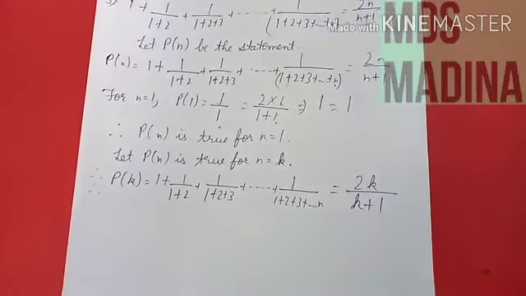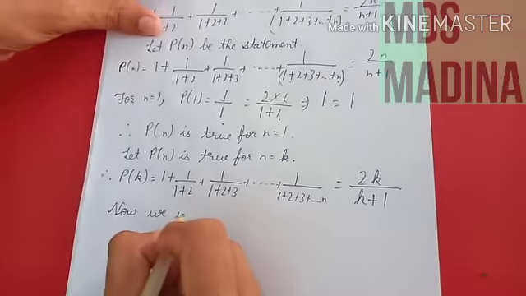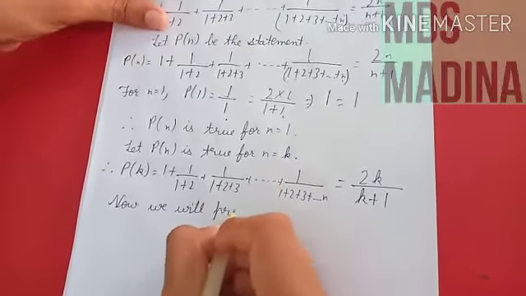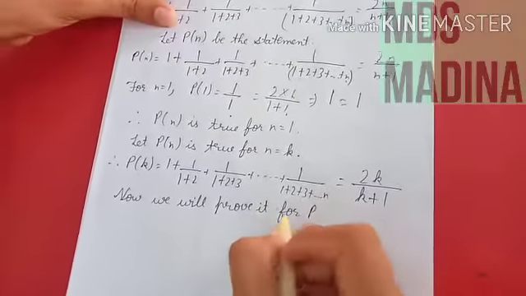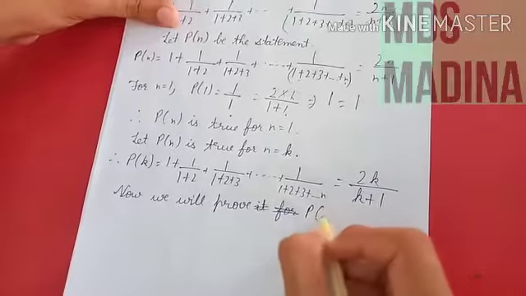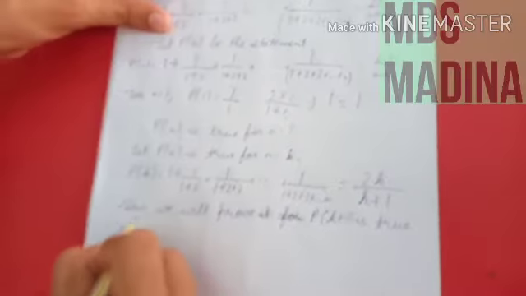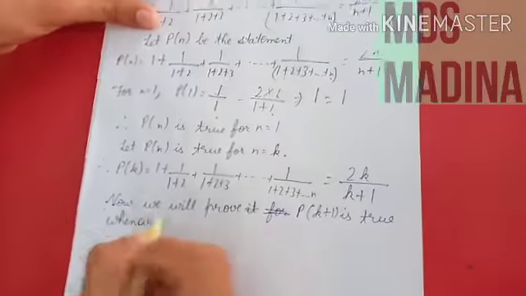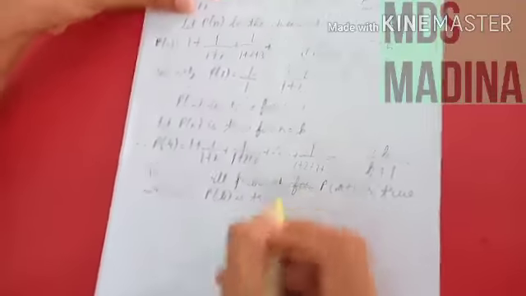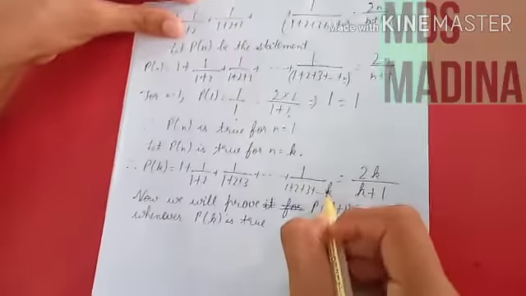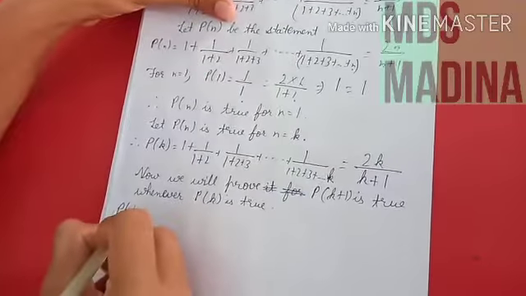So now we will prove that P of k plus 1 is true whenever P of k is true. So what will be our P of k plus 1?